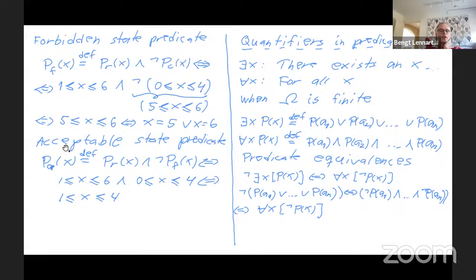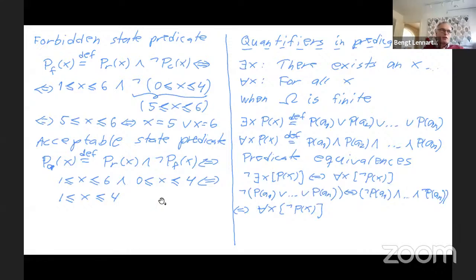Then we could say that the acceptable state predicate, or the good states, PA here, is defined as the reachable and the non-forbidden states. And then you get instead 1 to 4.